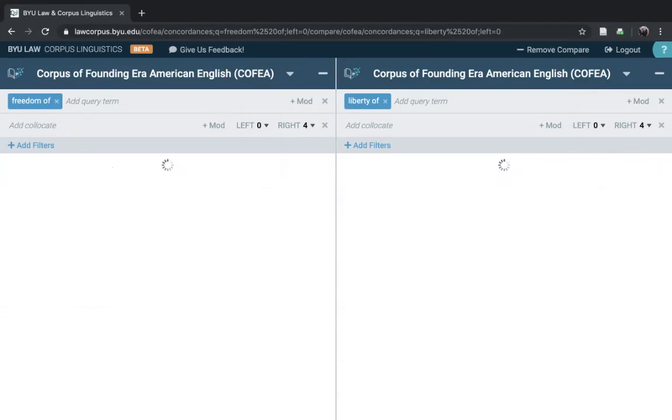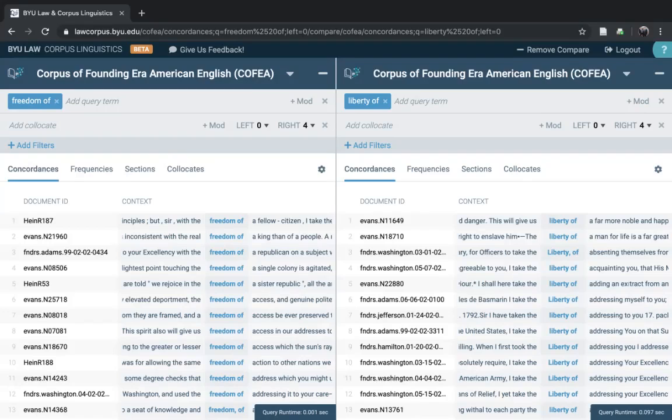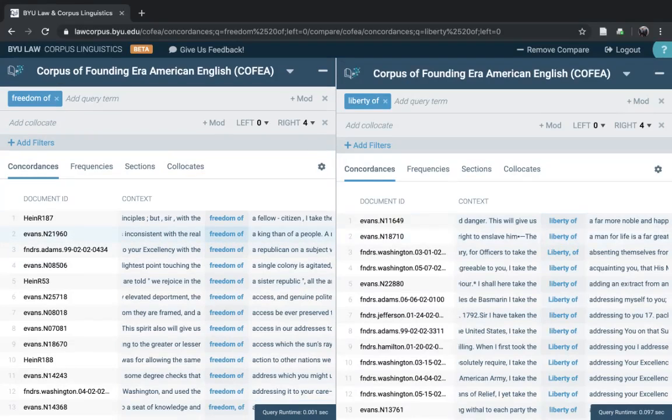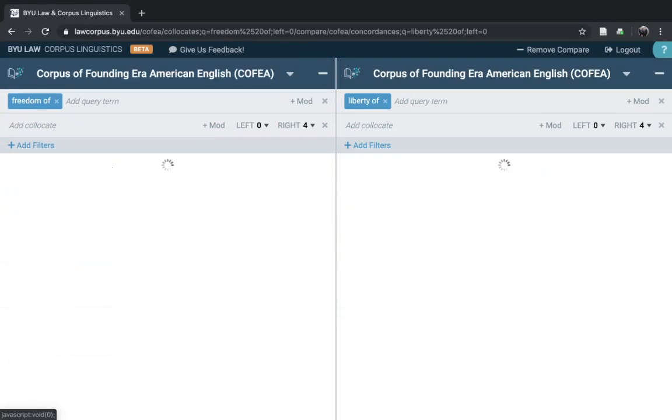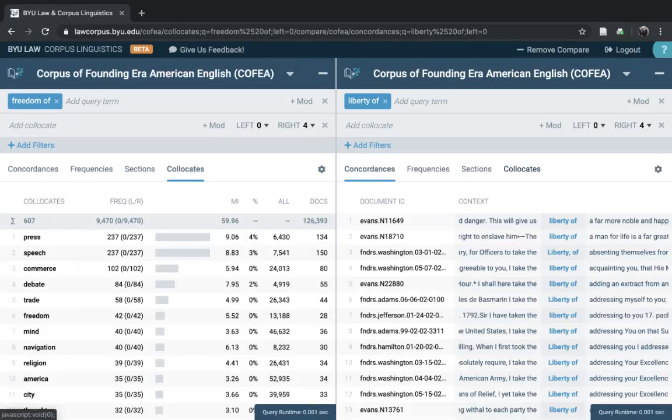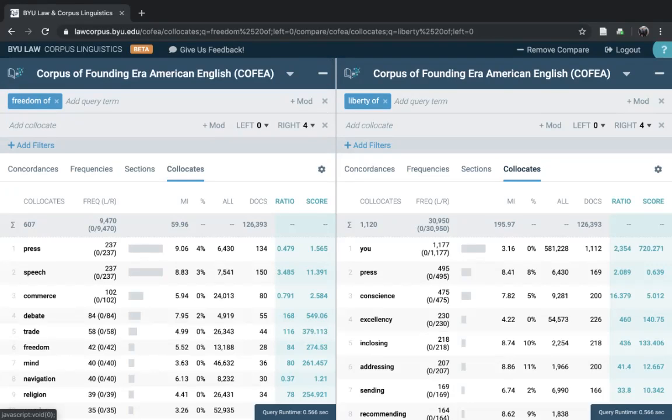Maybe we would just want to see directly to the right, but for now, let's just leave it at 4. And then, of course, got to go back to collocates. And we'll see the different collocates that it generates.